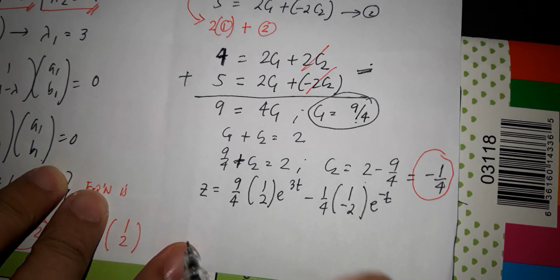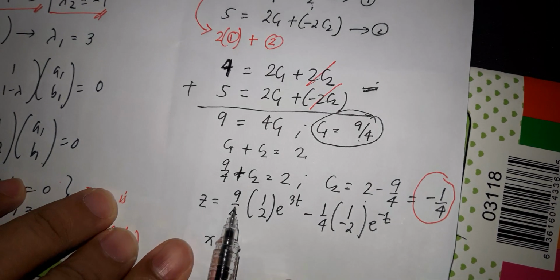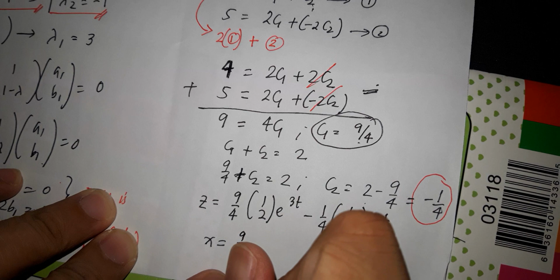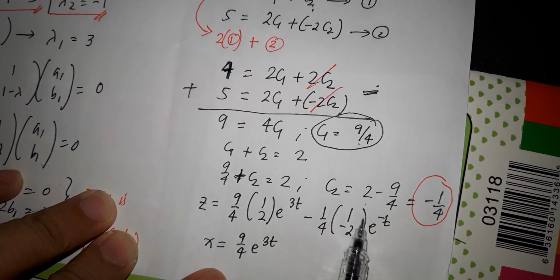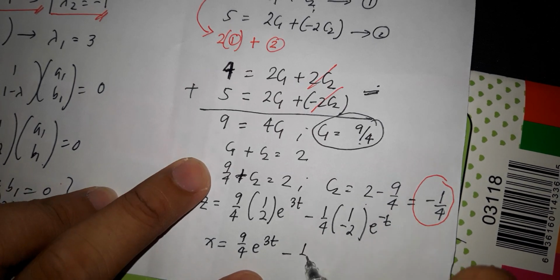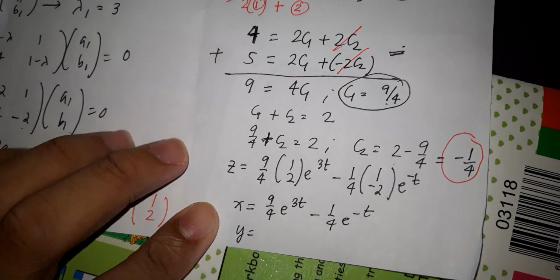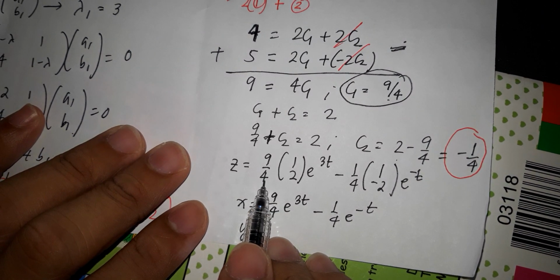Okay, so let's find the value of x. So the value of x is 9/4 times 1 times e to the 3t is 9/4 e to the 3t. Negative 1/4 times 1 times e to the minus t is negative 1/4 e to the minus t. What's the value of y? 9/4 times 2, 2 cancels out with 4, it becomes 9/2 e to the 3t.